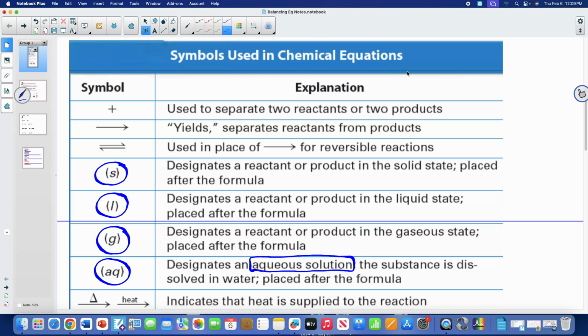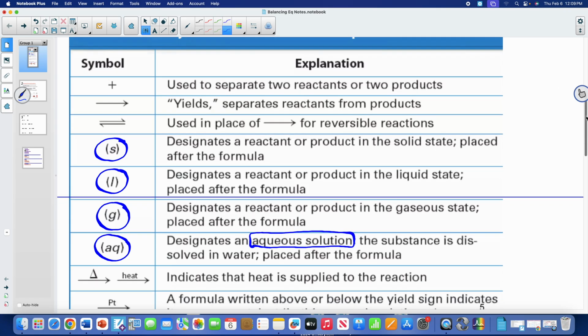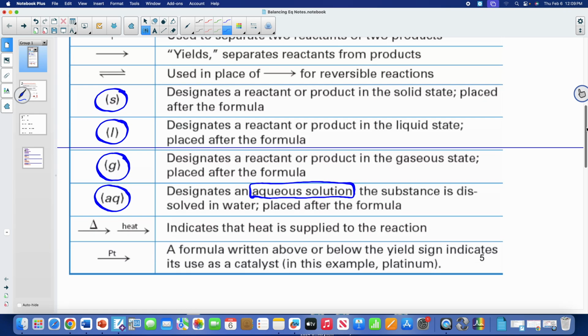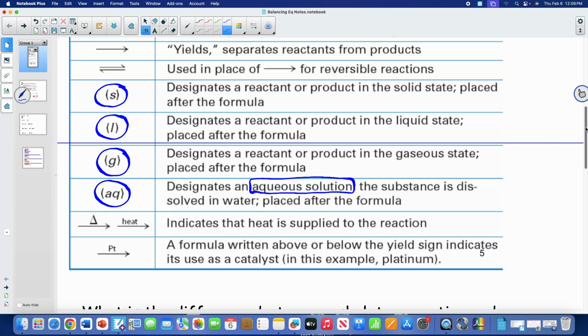All right, and then a couple more things. Sometimes you will see something written above the arrow in your chemical reactions. Okay, so if you see this little triangle or the word heat written above the arrow, that means heat is required for that reaction to happen. Okay, so that means we add heat.